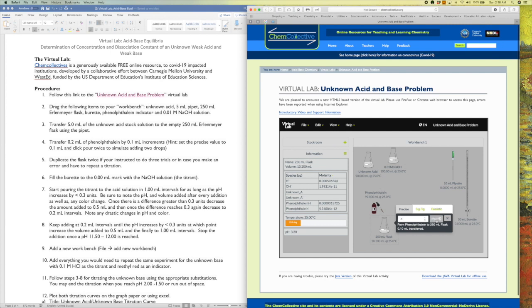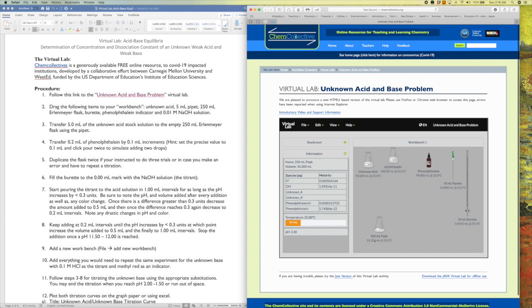So I will click it again, and now you see that the volume has gone up by another 0.1 ml. So in total, we have 10.2 milliliters in this flask. And now I am done with my indicator.